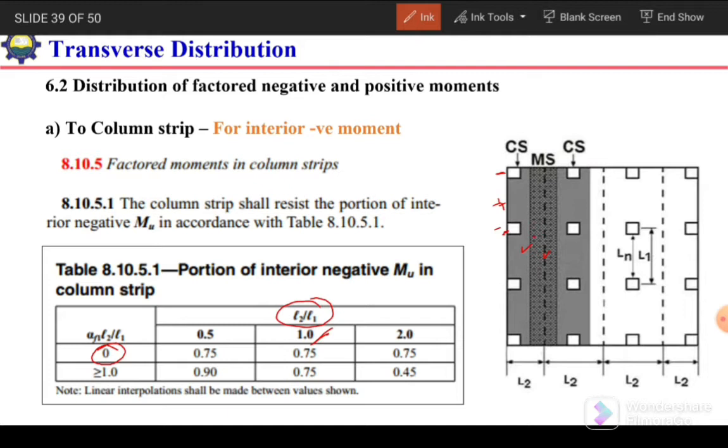So in that case, 75% of this negative moment will be resisted by the column strip, and the remaining 25% will be resisted by the middle strip. So 75% of the moment will be transferred to the column strip, and the remaining 25% will automatically go to the middle strip.